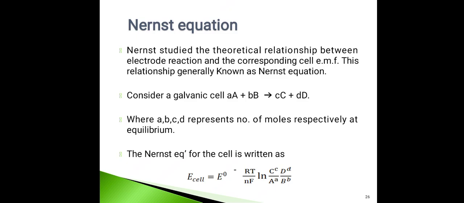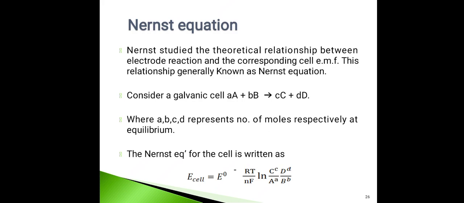For example, you can take a galvanic cell or a Daniell cell, and then we can calculate the E cell by using the Nernst equation.